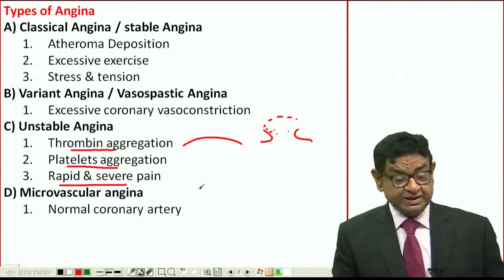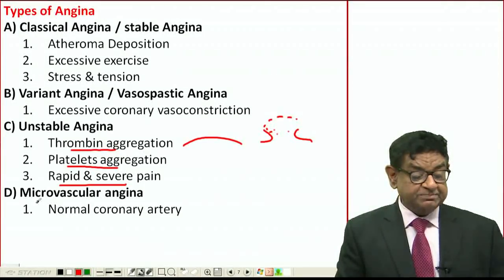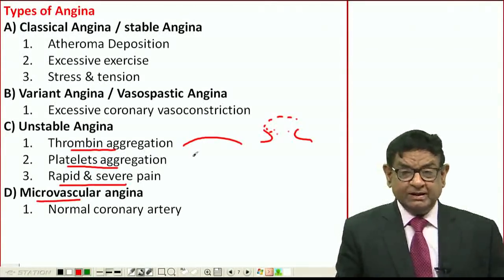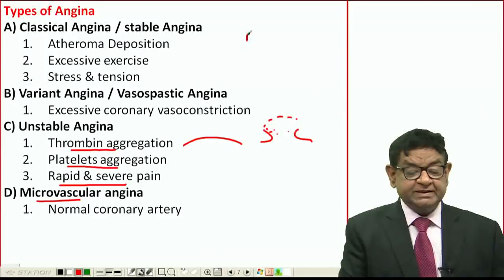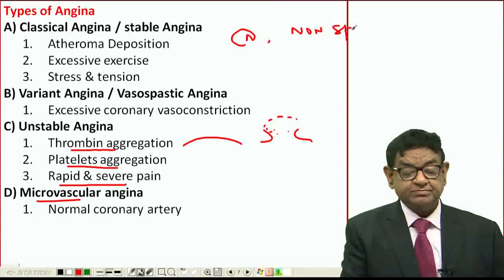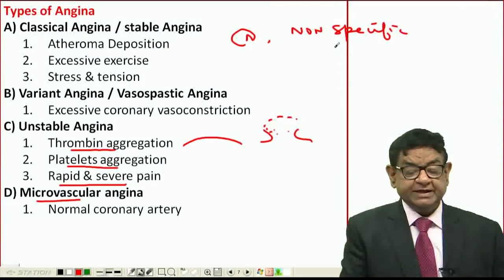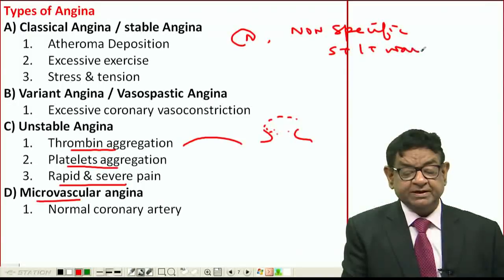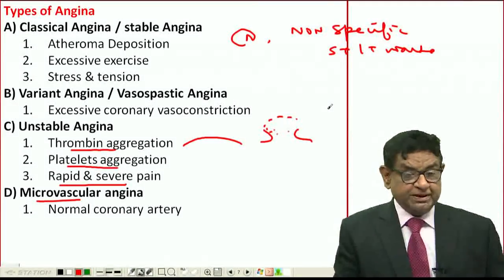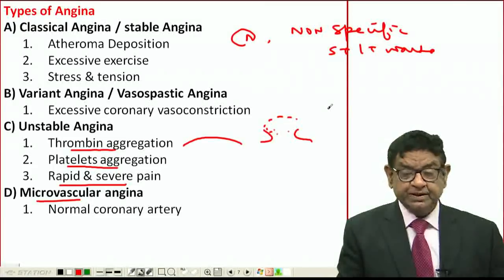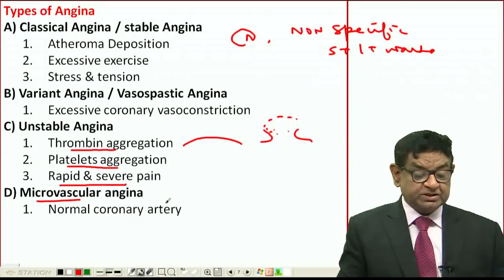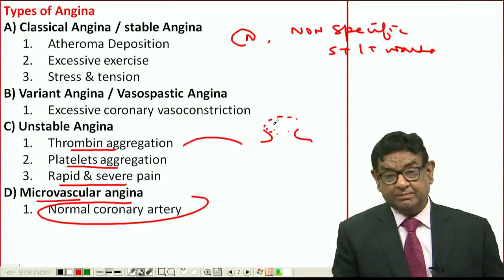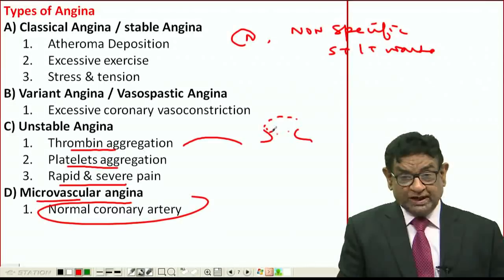Now we have one more entity, so-called microvascular angina, something very interesting. Here patient come with pain chest. And in the ECG, ECG may be normal, or sometimes there can be non-specific ST T wave changes, but definitely there will not be any ST elevation or Q wave. And when you do coronary angiography it is totally normal. There is no plaque. But why this pain occur?